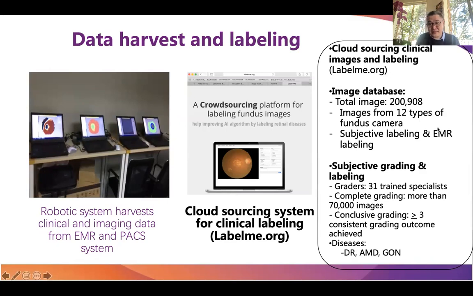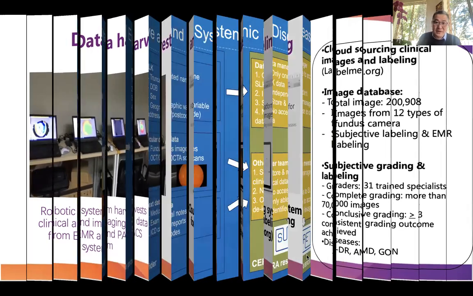These patients came from different clinical settings, with 12 different types of fundus cameras. We invited a group of clinicians, specialists, to grade these images and completed the grading for around 70,000 images. Initially we primarily focused on DR, diabetic retinopathy, age-related macular degeneration, and glaucoma.